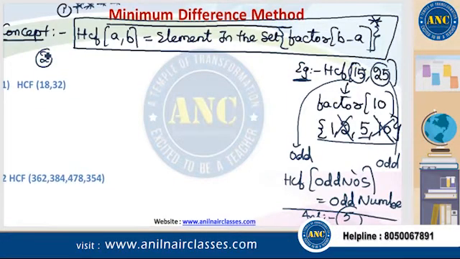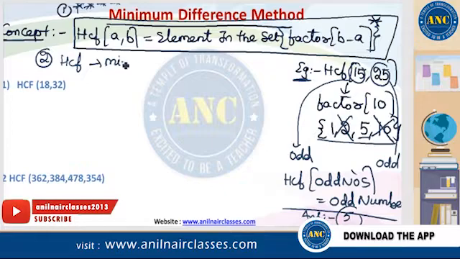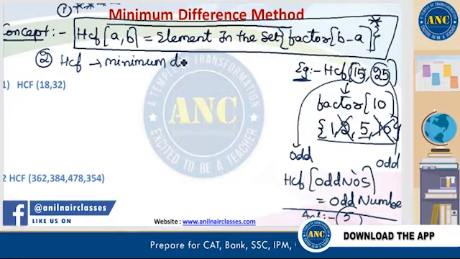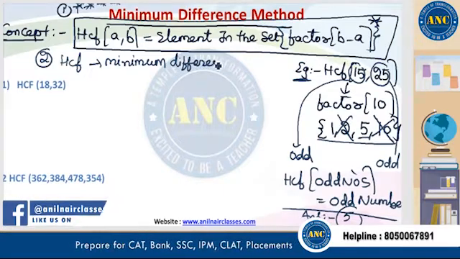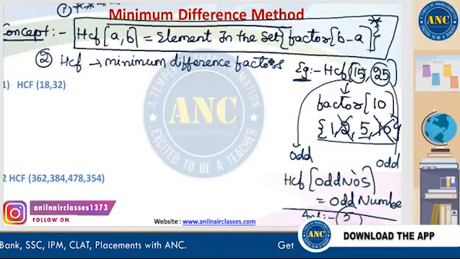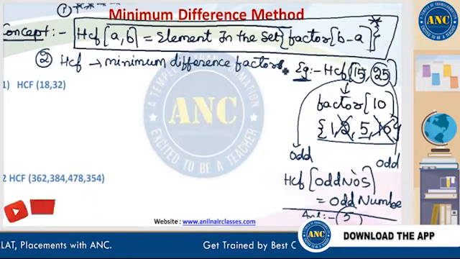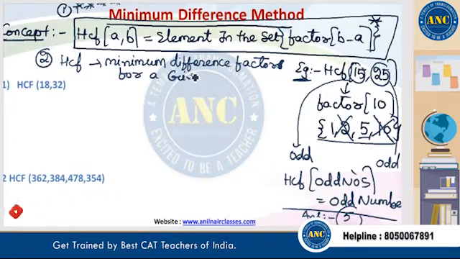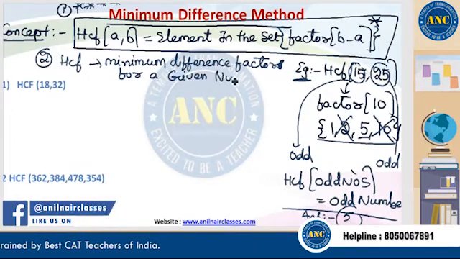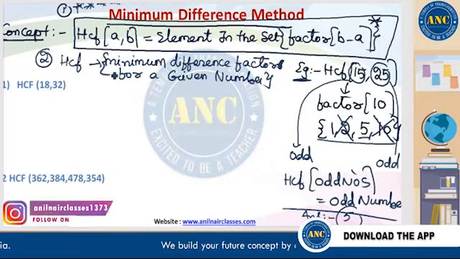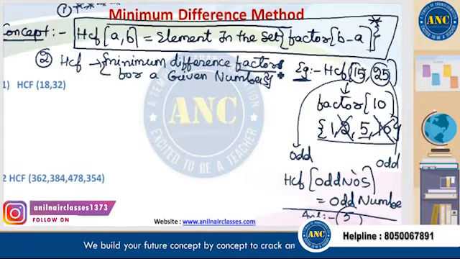Second one. HCF is always the minimum difference factor. Take the minimum difference for the given numbers and take the factor.